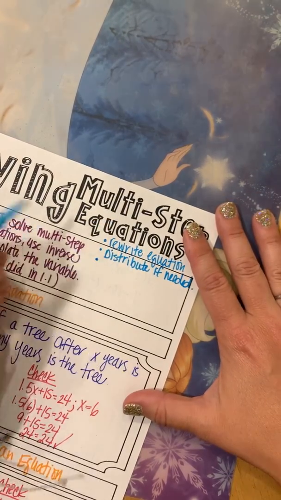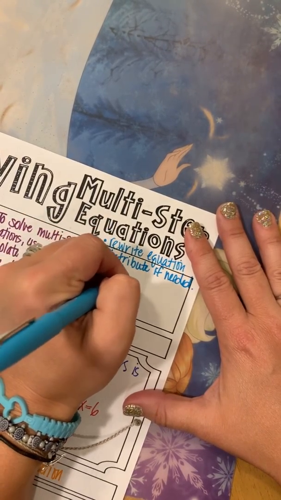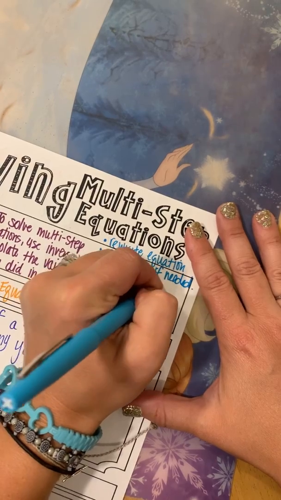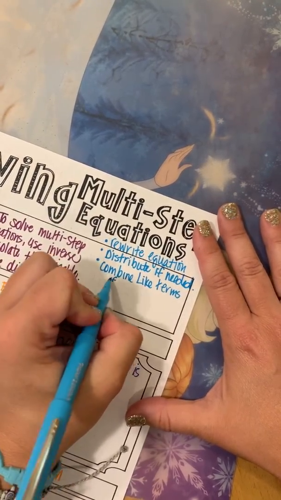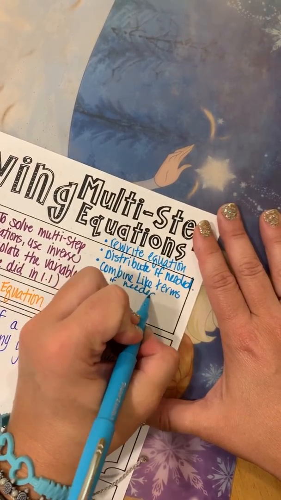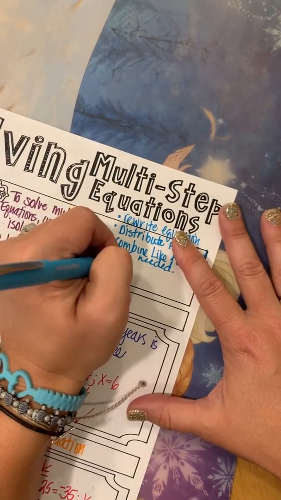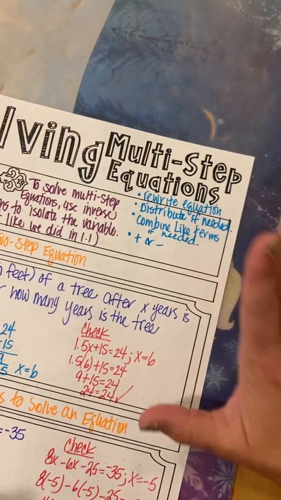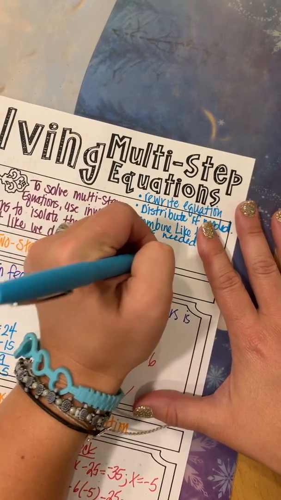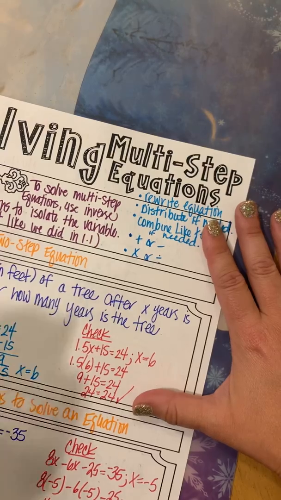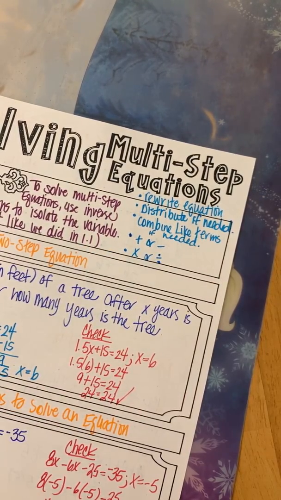Following that, then you're going to combine like terms. And this is again, if needed. Then you're going to add or subtract. And then finally you're going to multiply or divide. Okay, so that's kind of like your little cheat sheet of what's going to happen.